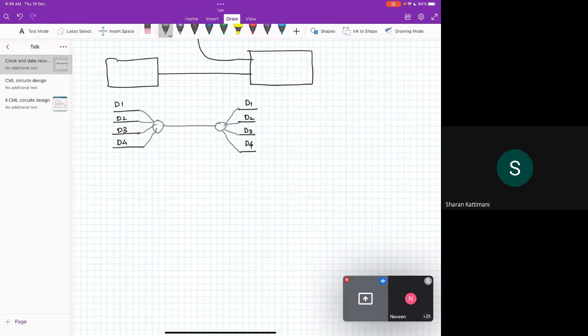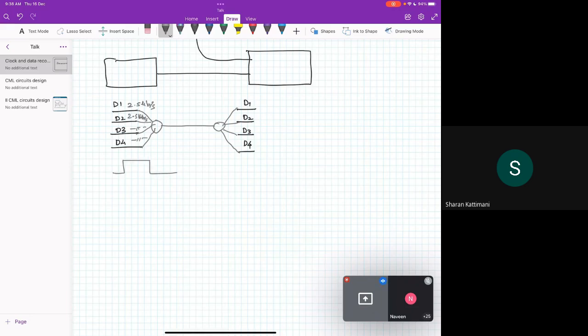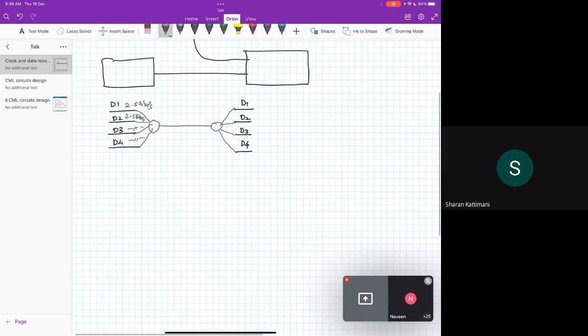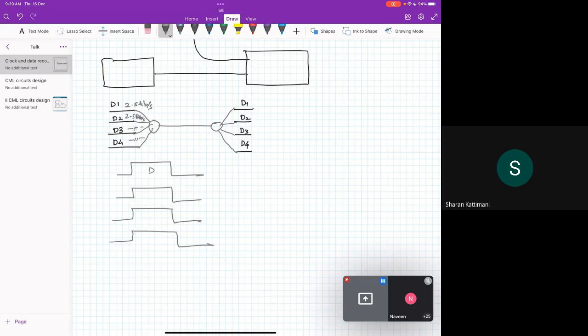The first challenge we will face is, suppose this data is 2.5 gigabit per second. Similarly, let's assume all the data is 2.5 gigabit per second. So when you combine, let's assume this is how it is. Earlier it is like this. So it is D1, D2, D3 and D4.